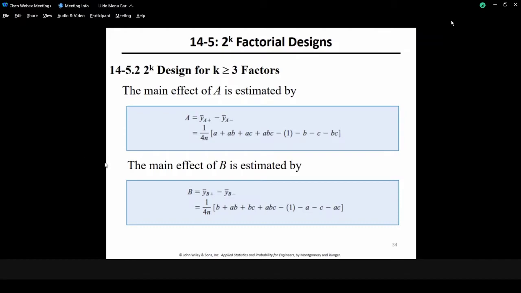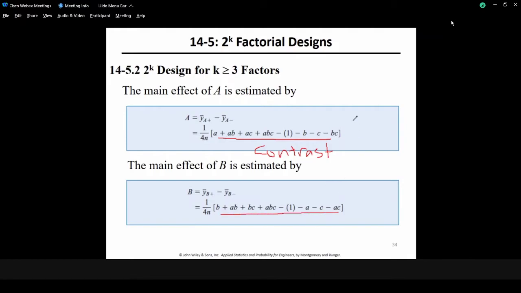Okay, then this is called the contrast. Contrast of A. Okay, this contrast of B you get from the matrix.